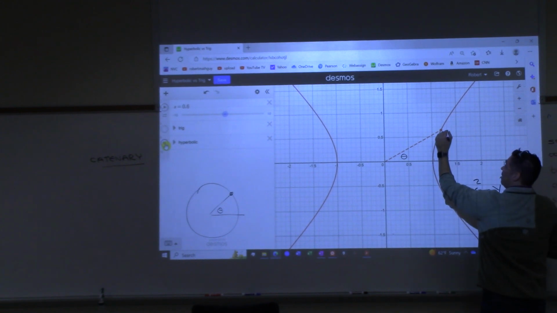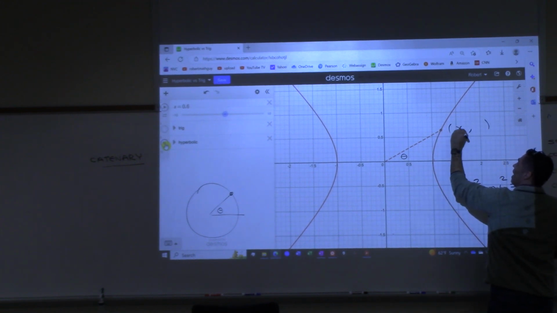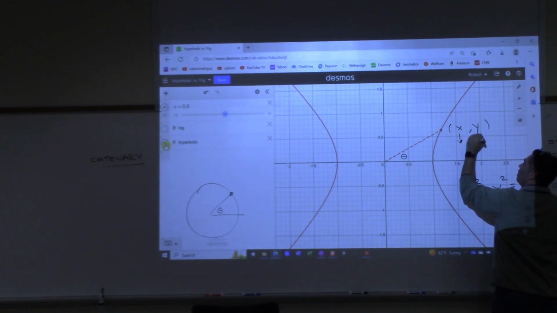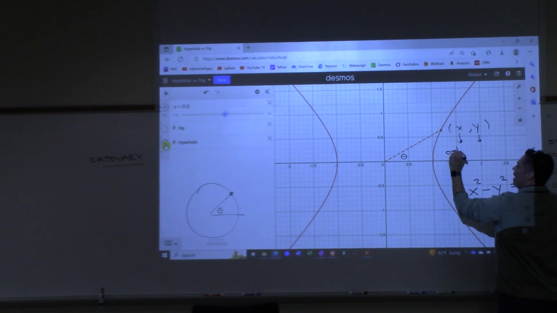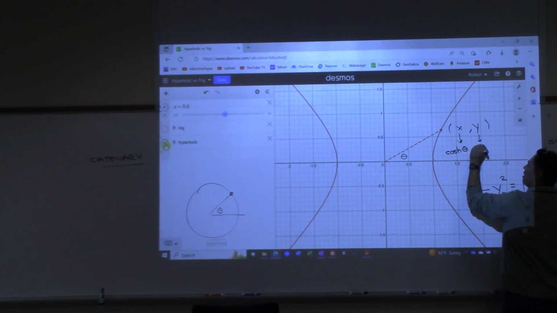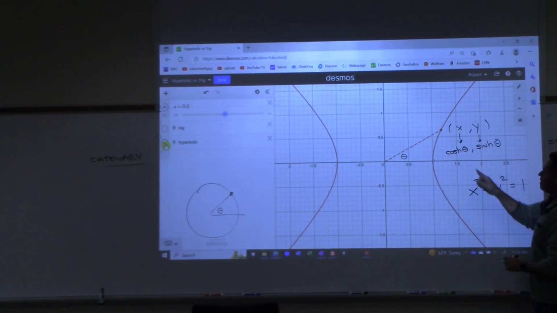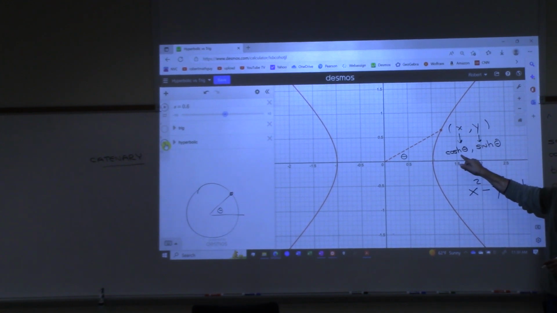Well, by definition, this x and y coordinate are obviously not cosine theta and sine theta, right? But they are cosh theta and sinh theta. That is the hyperbolic cosine function and the hyperbolic sine function.